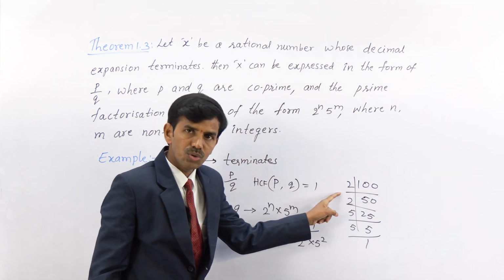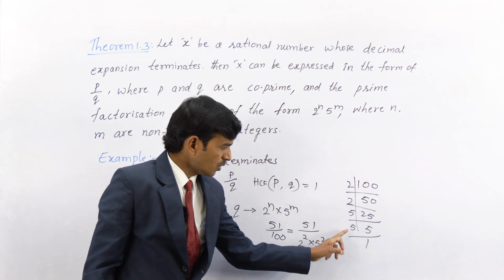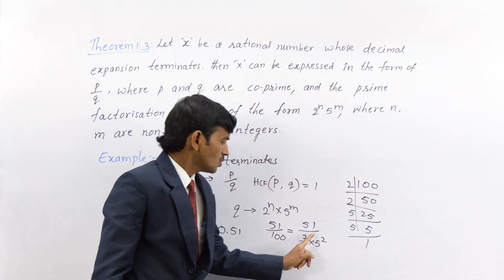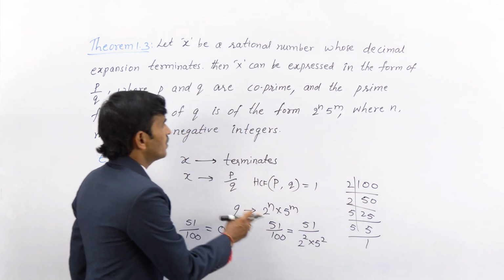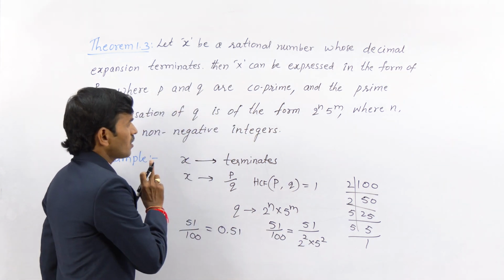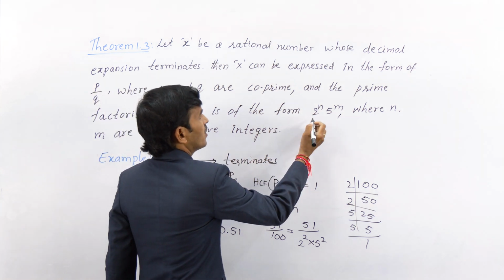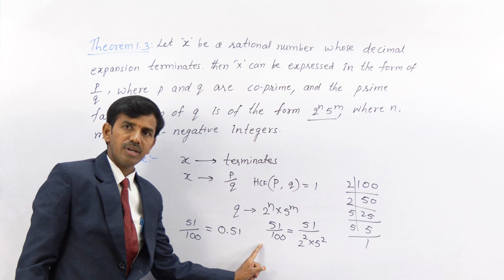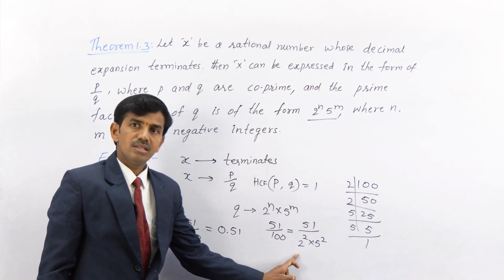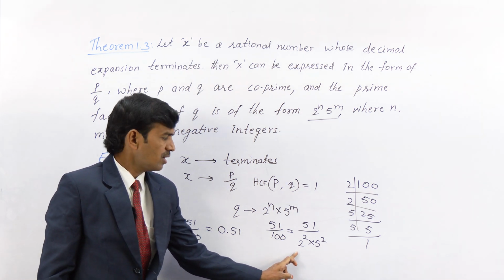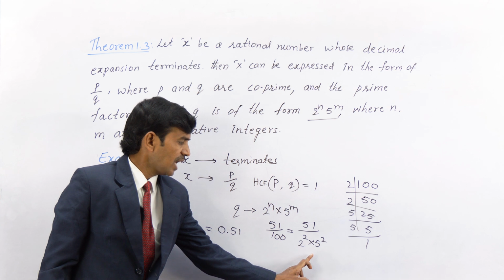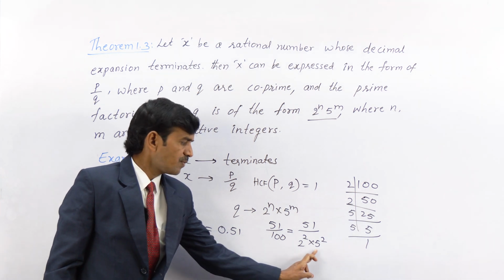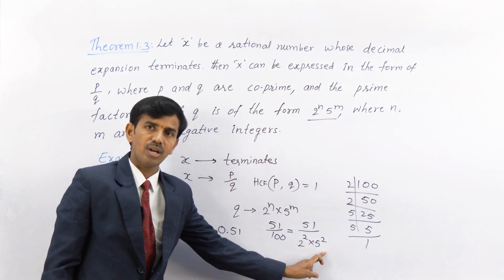So here 2 into 2 is 2 square, 5 into 5 is 5 square. So it is now in the form of 2 power n into 5 power m. So when the number is going to terminate, definitely the denominator of the rational number will be expressed in the form of 2 power n into 5 power m.